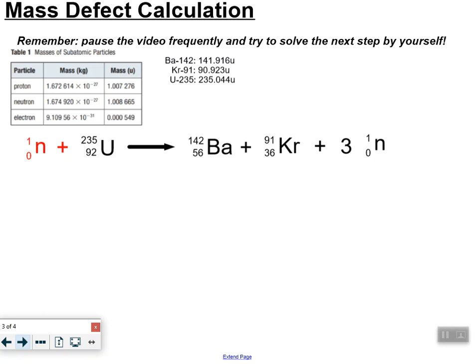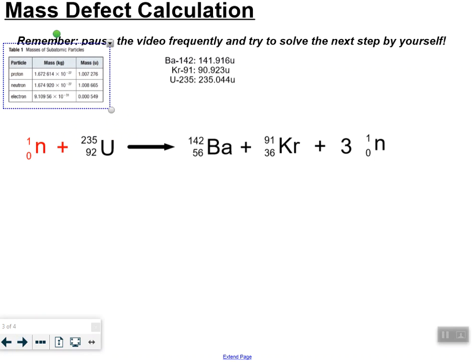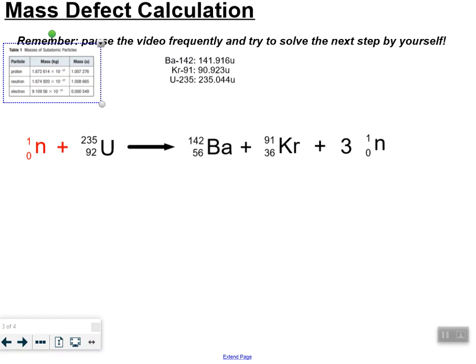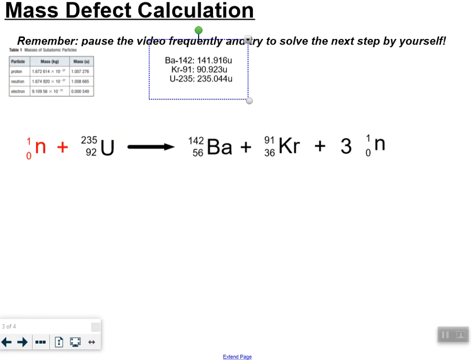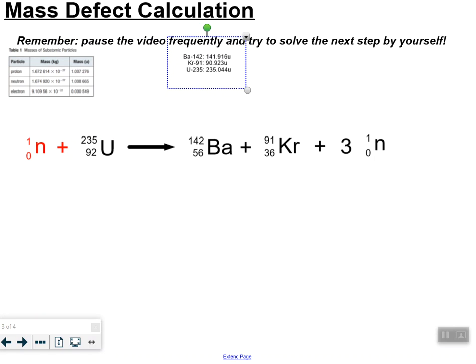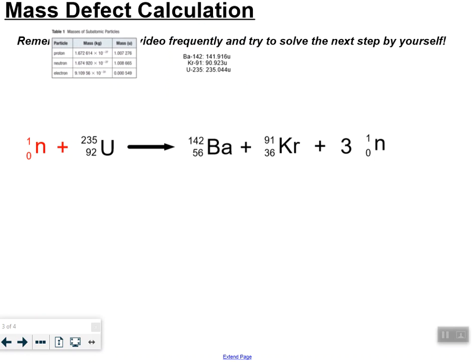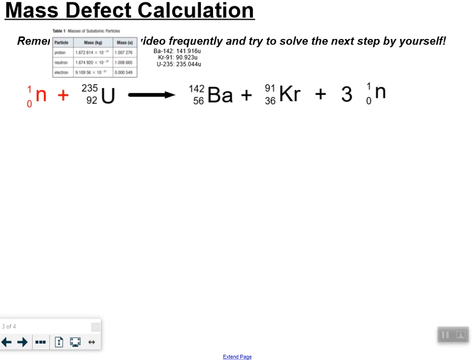In fact, let's do a little bit of shrinking here. Okay, so writing in the numbers, we get one neutron is 1.008665.